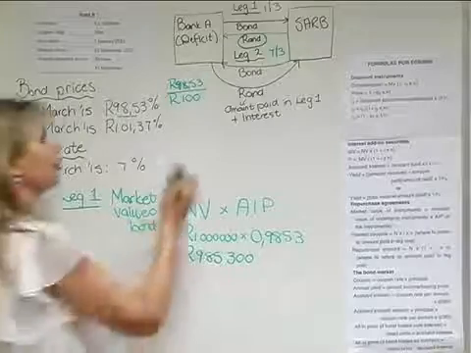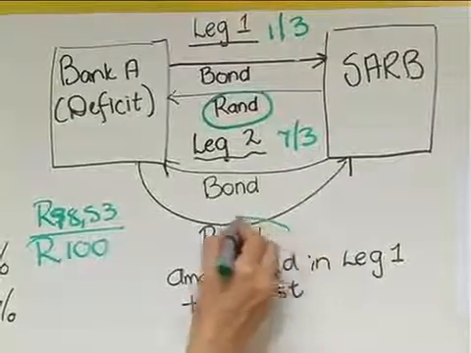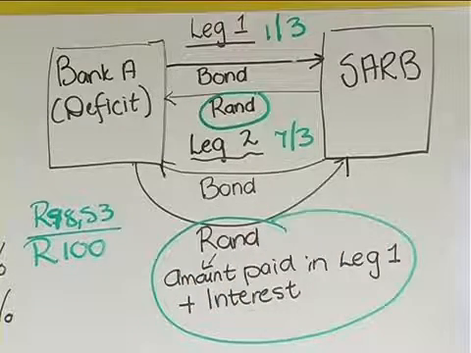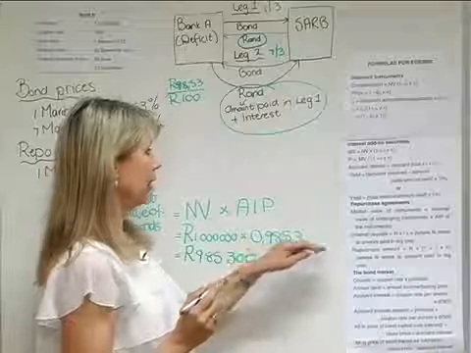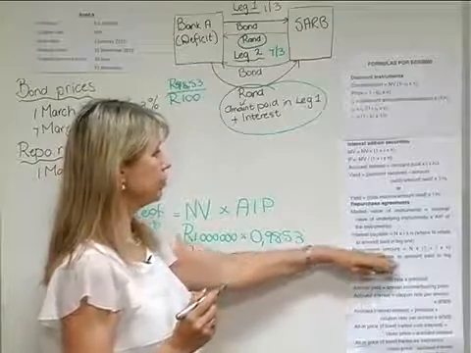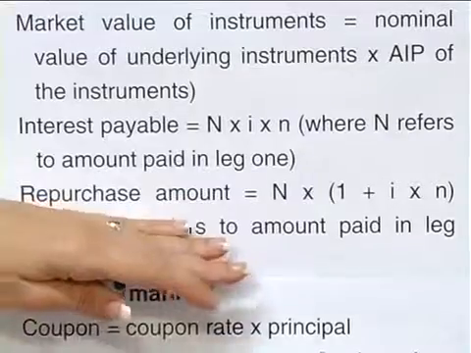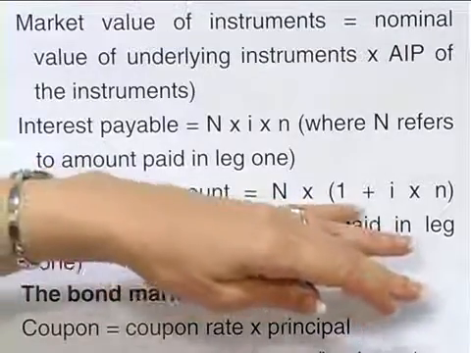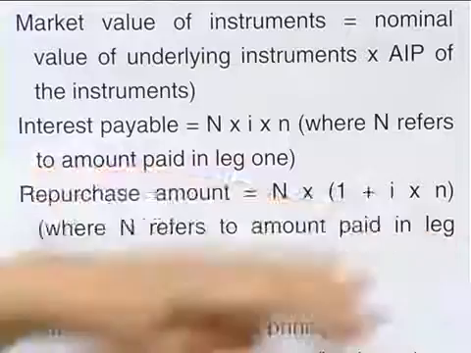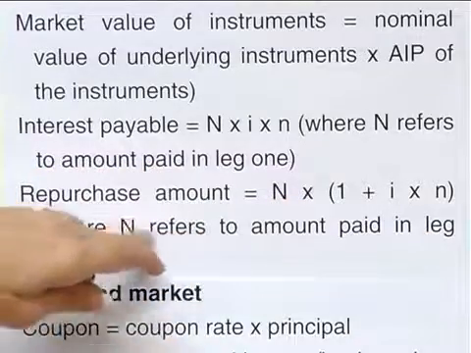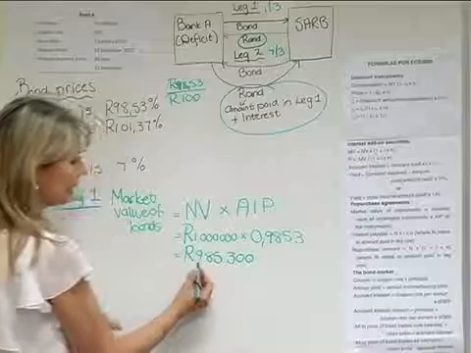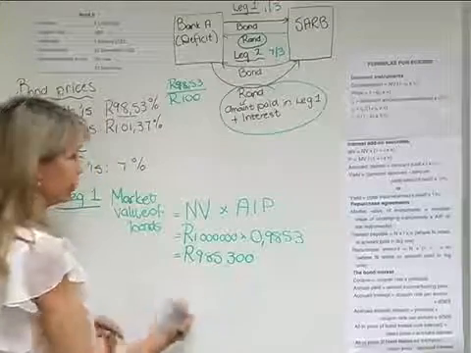Now we want to know what will be the amount that will be paid in leg 2. You can see here the repurchase amount on the formula sheet is N times, in brackets, 1 plus I times N, where the first N refers to the amount paid in leg 1, so to this 985,300 rand.